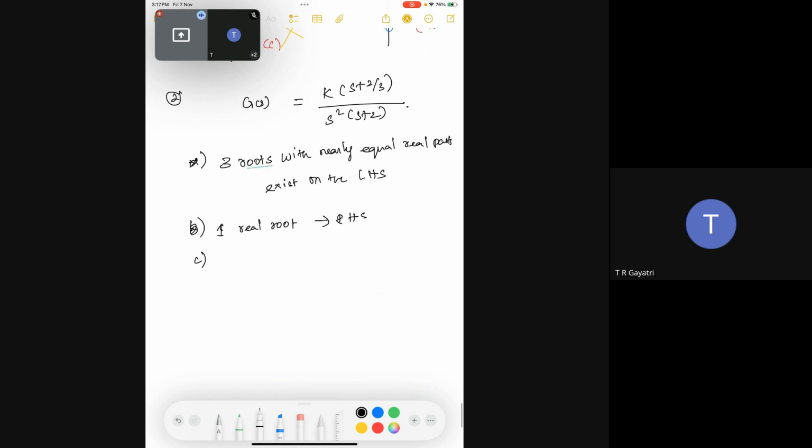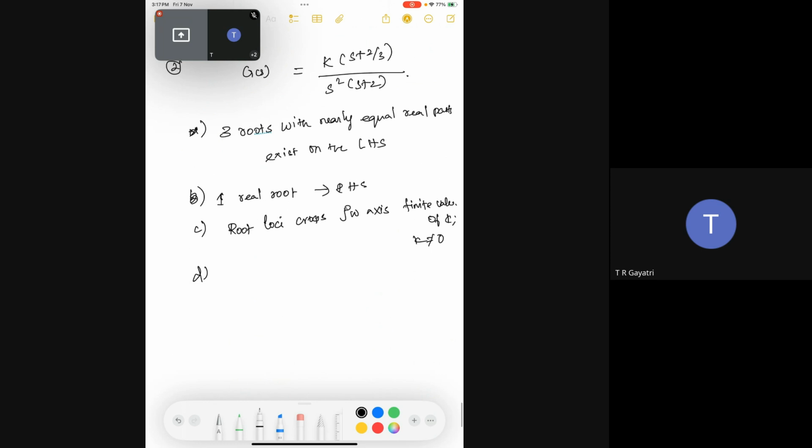If you don't understand, ask me. Third, root locus crosses the j omega axis at some finite value of K when K is not equal to 0. Fourth, three roots are in the right half of the S plane.